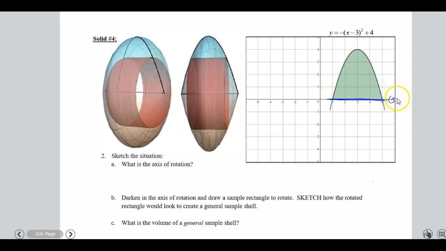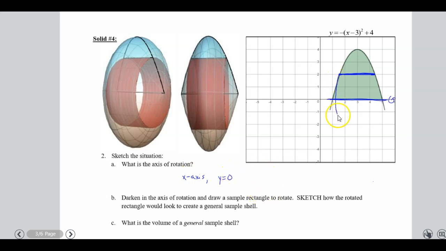And if we're going to use shells, we're going to be doing something that's parallel to that axis of rotation. So here's my small little rectangle I'd normally use right there, and that's going to get rotated around the x-axis, or y equals 0 if you like the equation form.